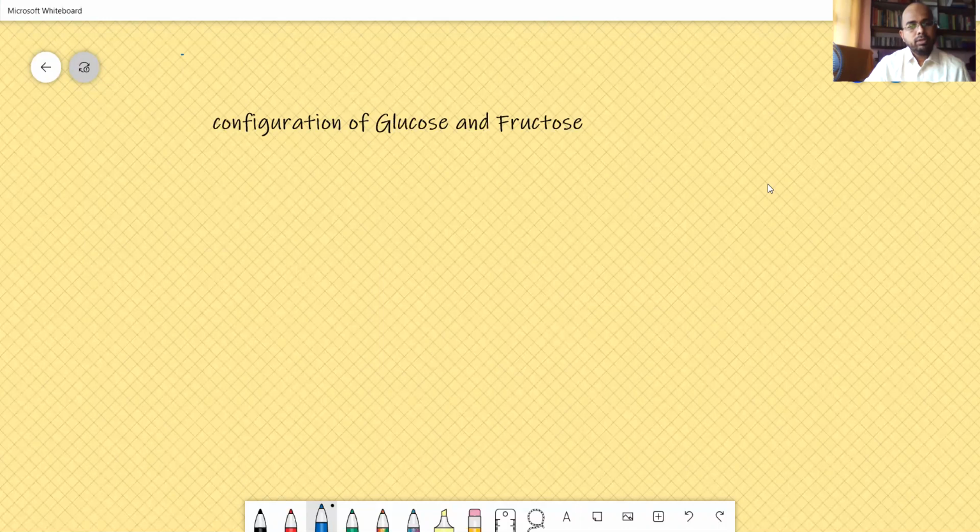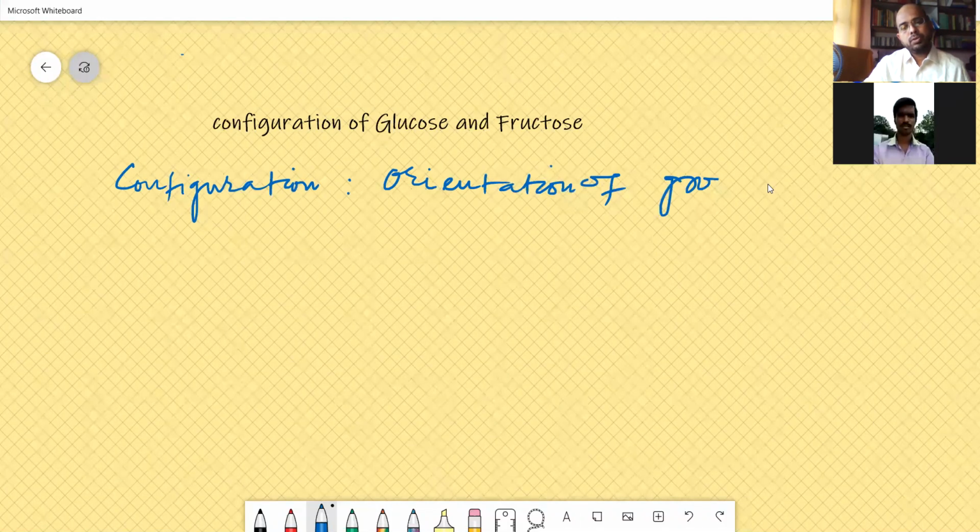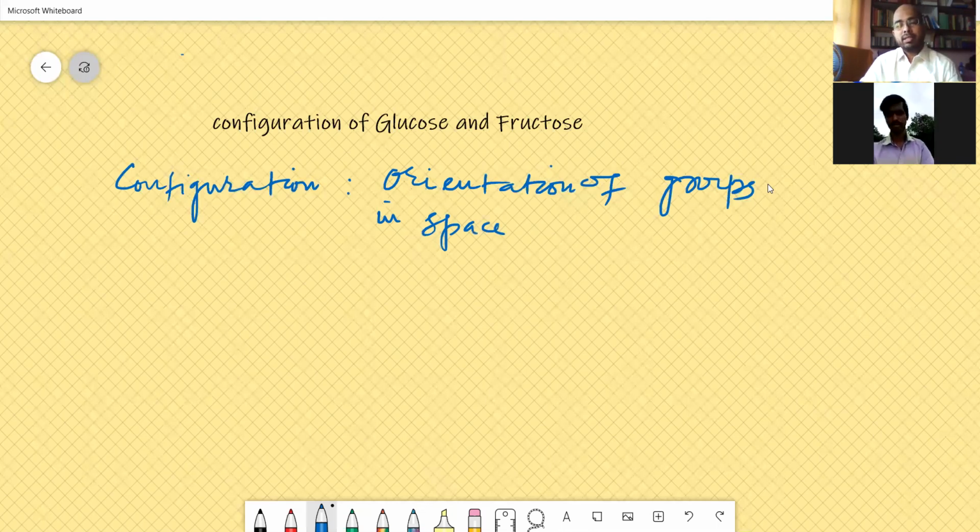So I already told you configuration describes the orientation of groups in space. That is a 3D molecule. If you see a 3D molecule, how the groups are oriented.